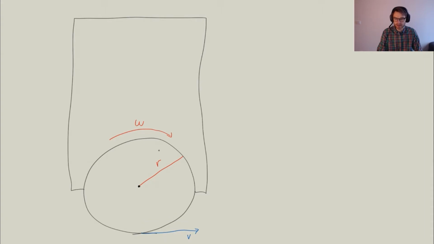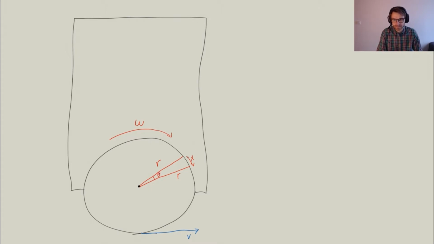We can think of it so that as the wheel is rotating, let's say it rotates this much, and let's call that x. Then we can draw another radius here, and let's call this displacement angle theta.